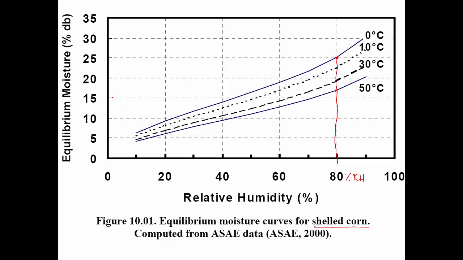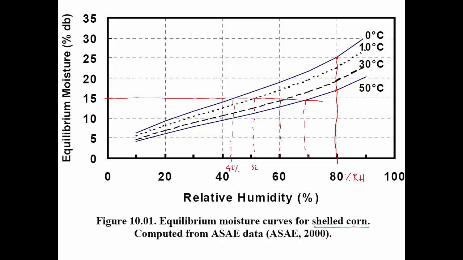The other way to read that is, if I want to store the corn at 15% moisture content, at 0 degrees Celsius, I can store it at, let's say, a 42% RH. Very dry environment. Whereas if it is 10 degrees Celsius, that's about 52. If it is 30 degrees Celsius, that's about 60.